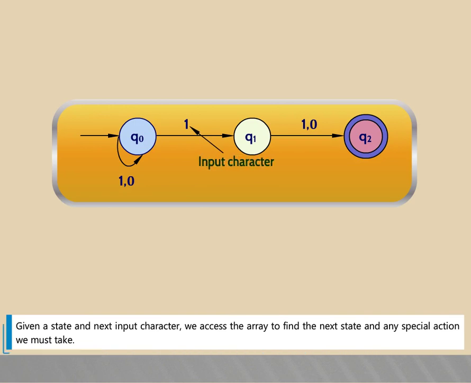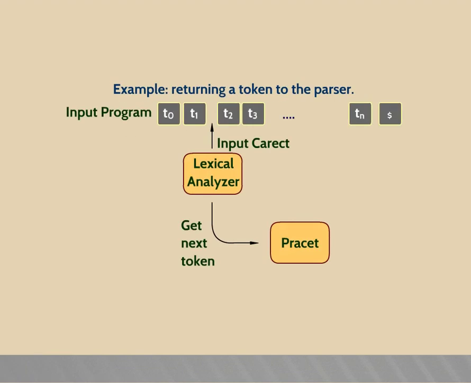Given a state and next input character, we access the array to find the next state and any special action we must take, for example, returning a token to the parser.